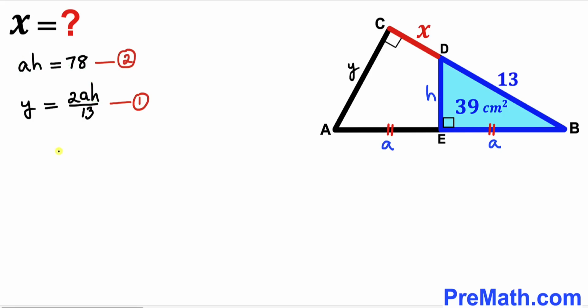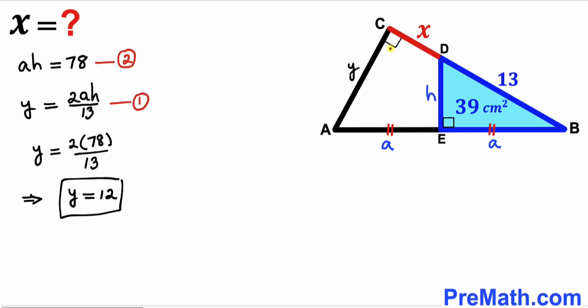So therefore we can write y equals 2 times 78 divided by 13. And if we simplify the right hand side, our y value is going to be equal to 12 centimeter. So thus our y value turns out to be 12 centimeter.